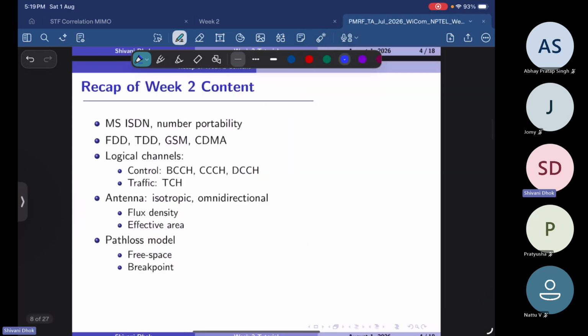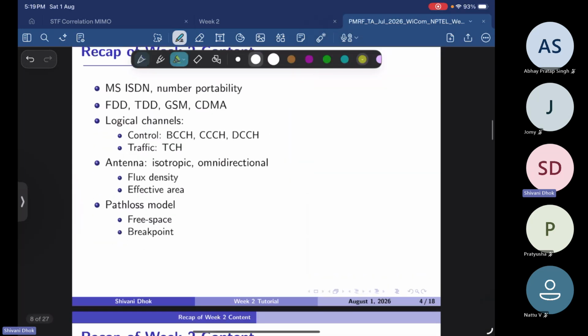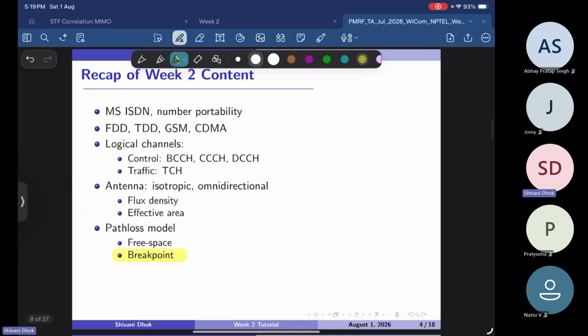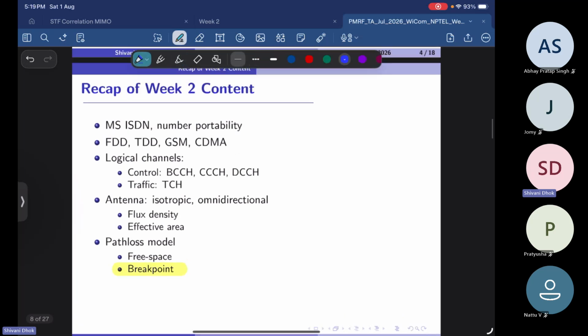Then we looked at another interesting path loss model, which is the breakpoint model. In a breakpoint model, if I plot the expression for your received signal strength at distance d as a function of log d, then you will see that up to a particular distance, the slope of your path loss is going to be minus 2.